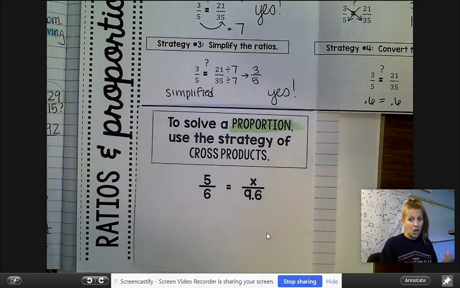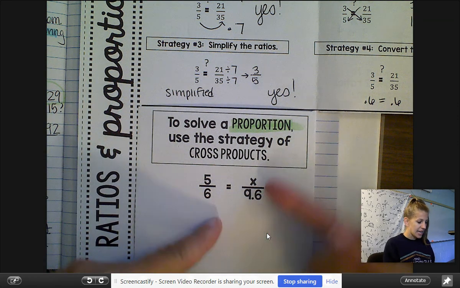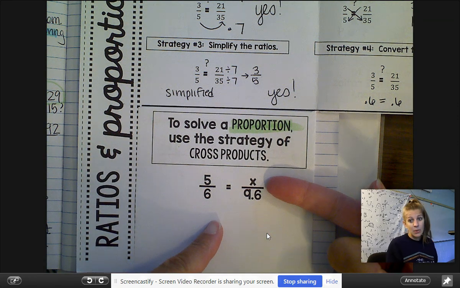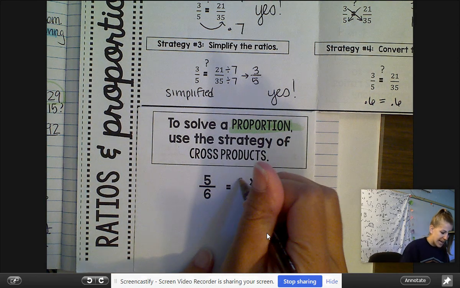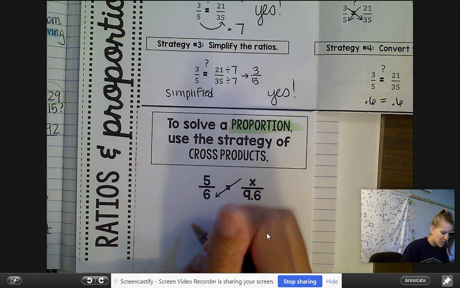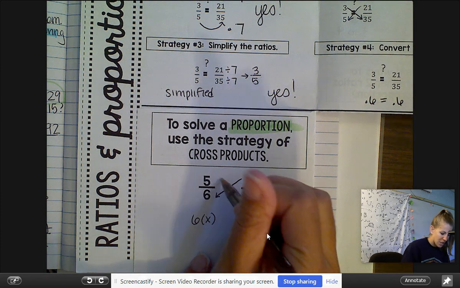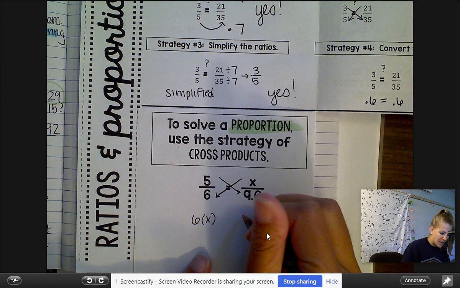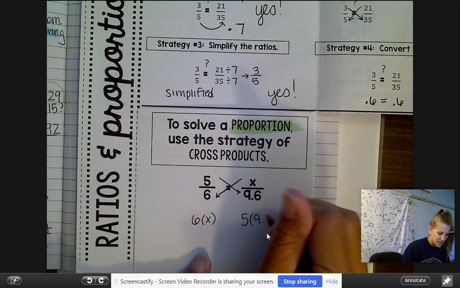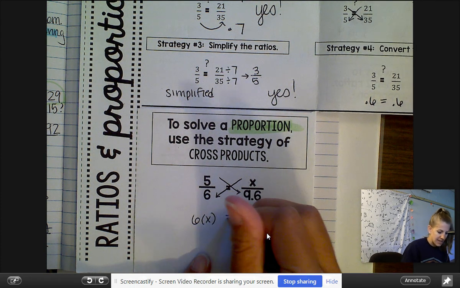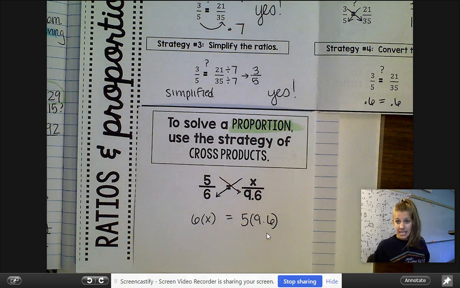So if I want to solve for something in a proportion that I don't know, I would always use cross products. So I multiply diagonally. So 6 times x is 6x. And I multiply across diagonally, and 5 times 9.6 is a number. And then I bring my equals down. Okay, so the equal sign stays.